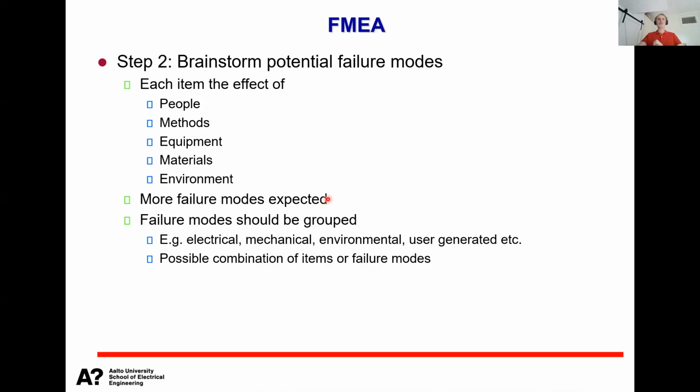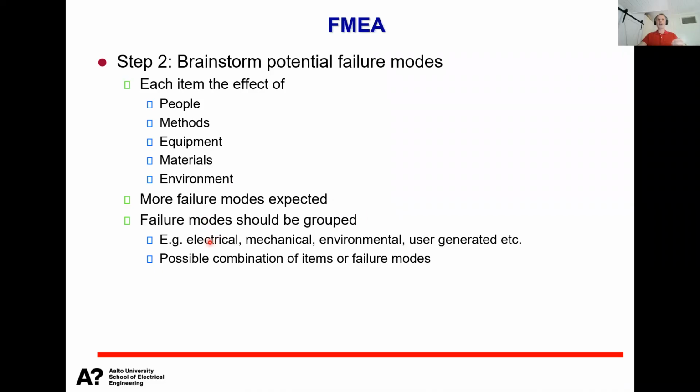Then what would be beneficial is you start grouping this somehow. So you, for example, first pick all the failures which are somehow user generated, because then you might have a different solution for those problems than, for example, the electrical problems.